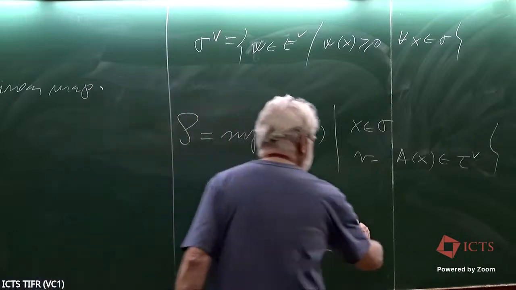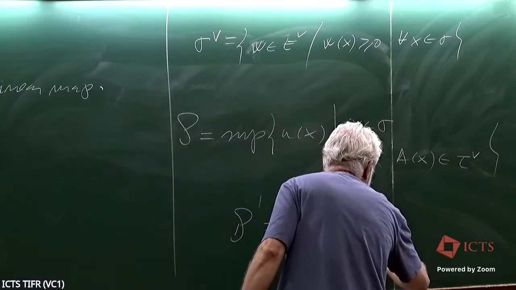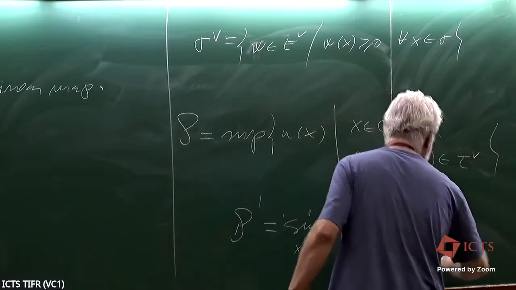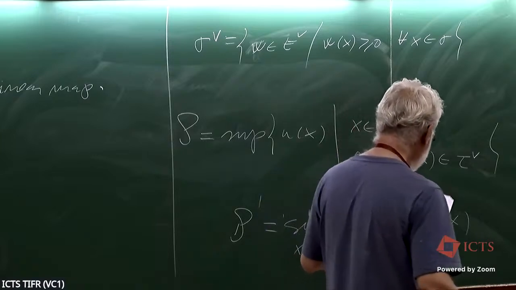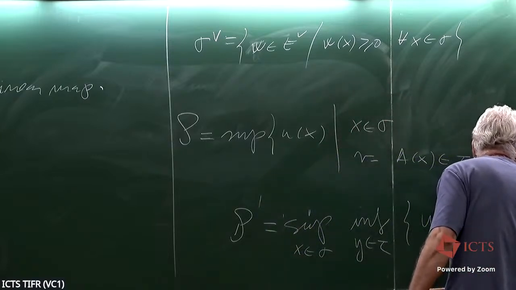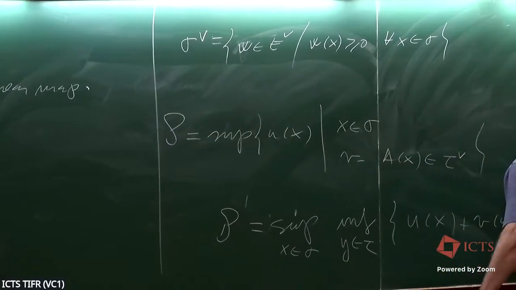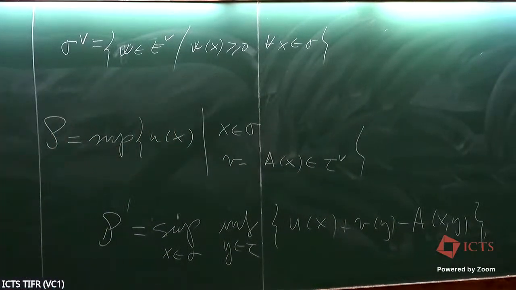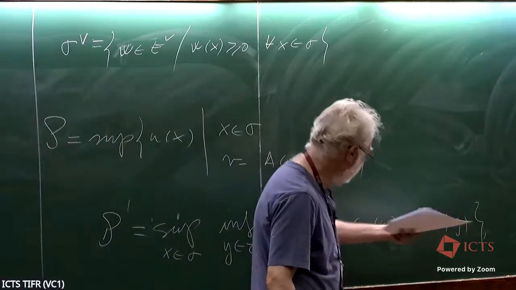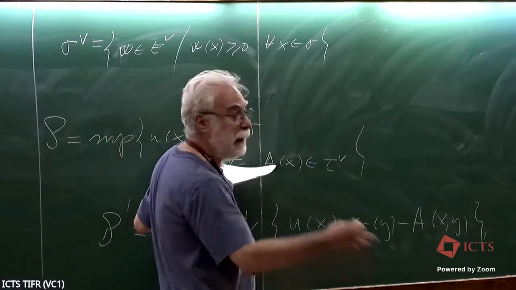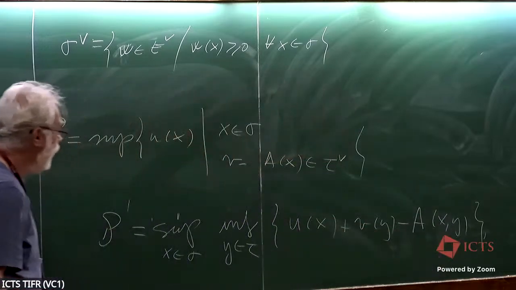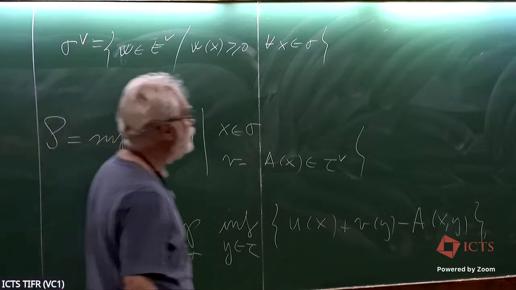So this will be the infimum now over Y inside tau of the function U of X, but I have to add the multipliers, plus B of Y minus A of X, Y. Okay, so I can look at this new problem. Here I have just added this condition multiplied by Y. If I multiply this condition by Y, I get B of Y minus A of XY. And we can see that these two problems are the same.